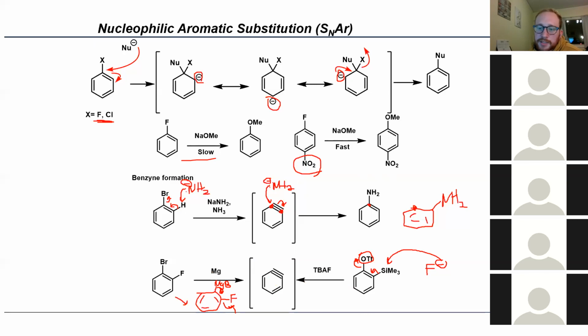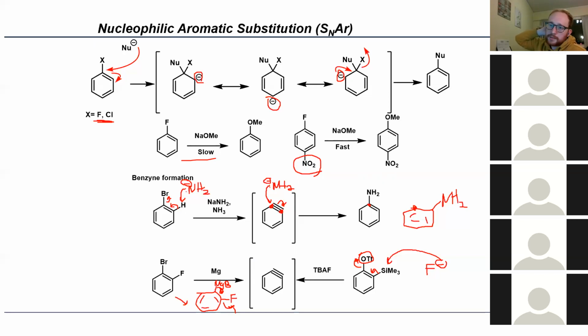So someone said that in class fluorine and chlorine work as leaving groups for SNAr. But the problem set had a benzyne. So the problem on the problem set wasn't entirely clear, and we're not grading on that problem, so I wouldn't worry about it.